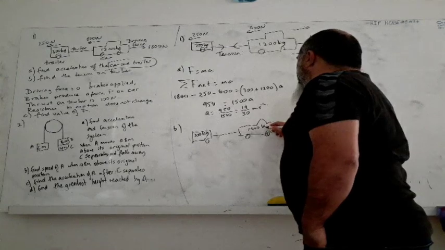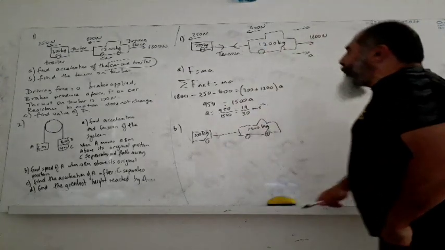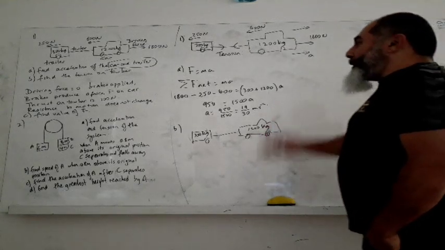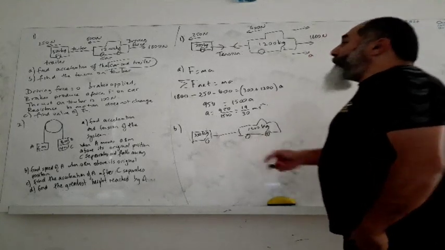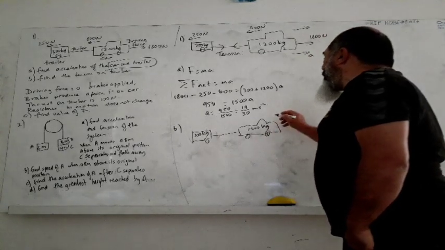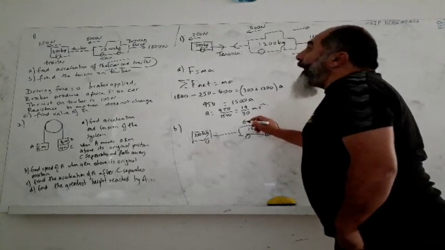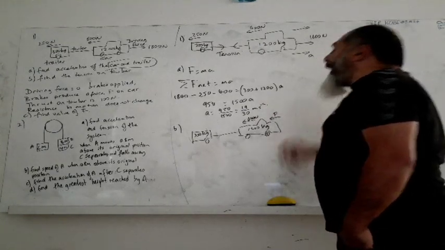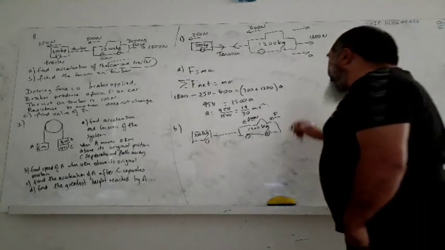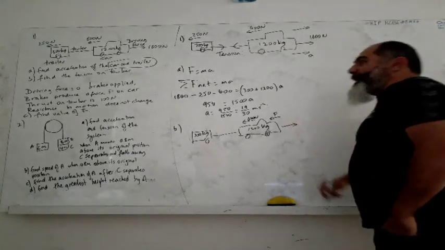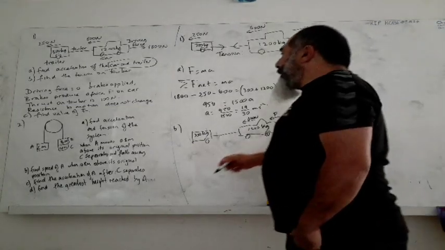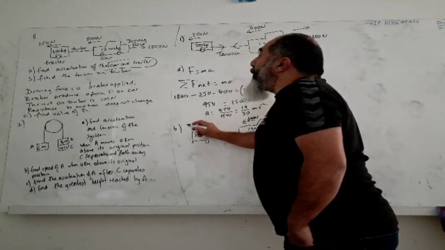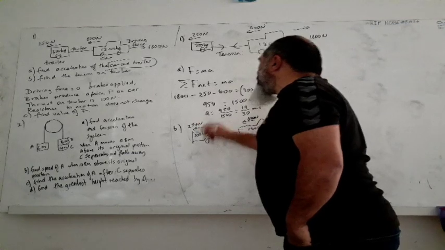For the second case of the question, we don't have any driving force. Brakes are applied. Brakes produce a force of F on the car. Still we have 600 newtons there as the friction force, and we have an additional force F opposing the motion of the car. The car is still moving to the right, and we have the opposing force of 250 newtons on the trailer as well.